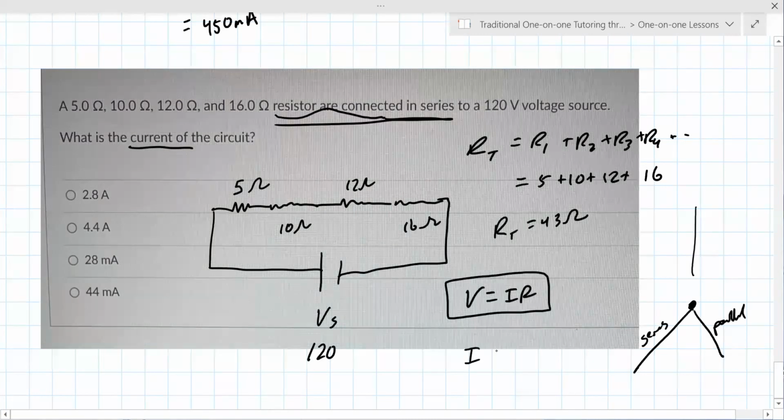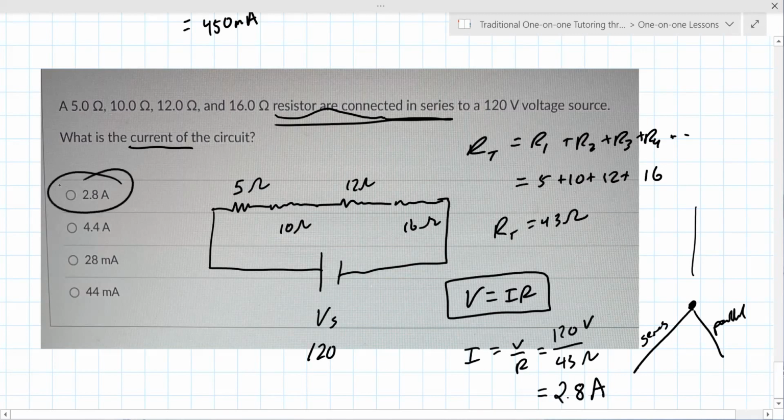So the current is the voltage divided by the resistance, 120 volts over the 43 ohms. So 120 over 43, and that gives you 2.8 amps. Okay.